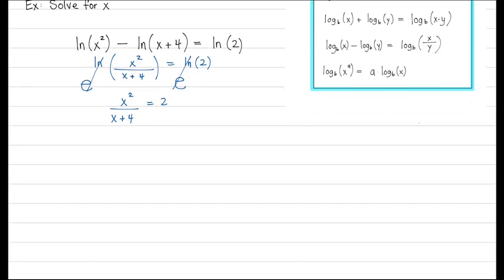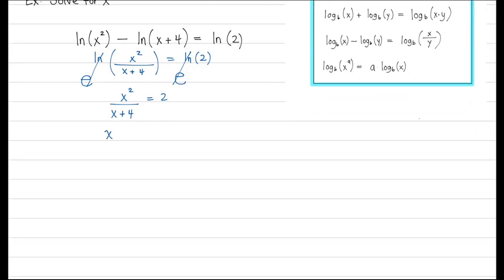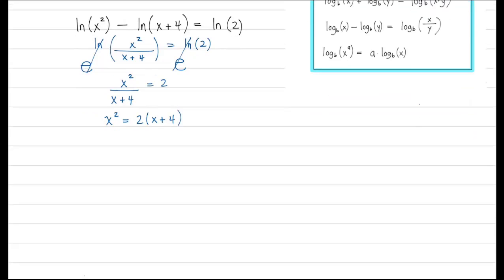So then from there, we can multiply both sides by x plus 4. Now remember, on equations like this, if there's an x squared term and some x terms, let's simplify a little bit more by expanding this through to 2x plus 8.